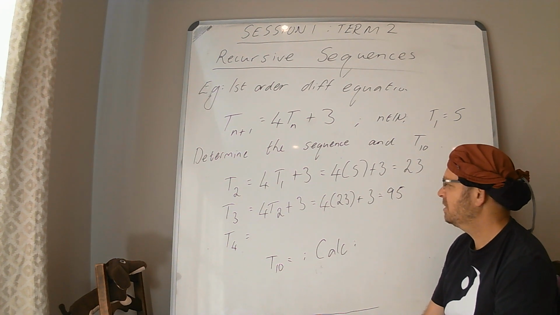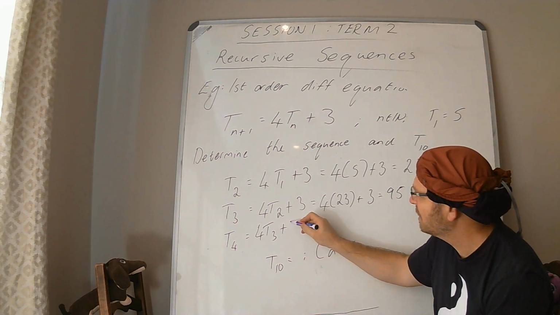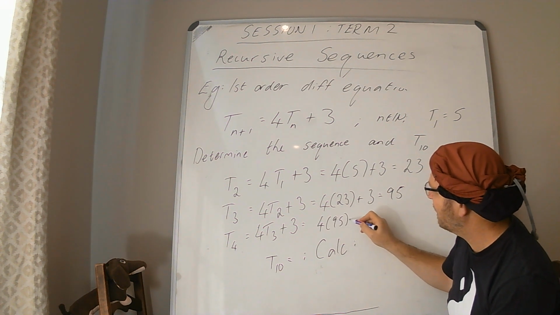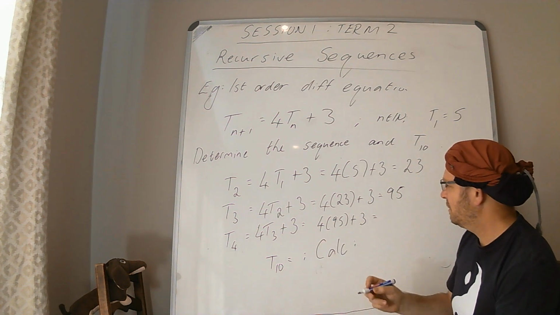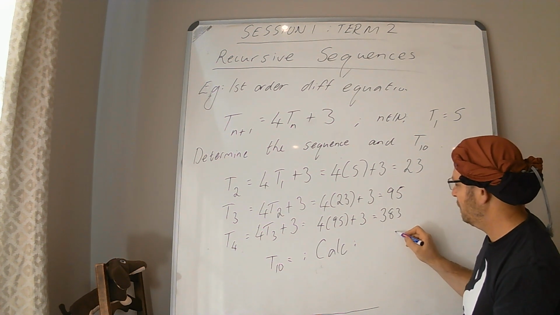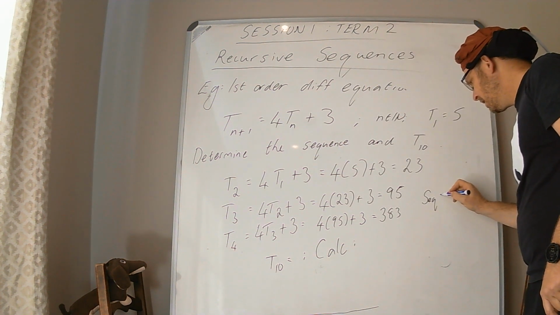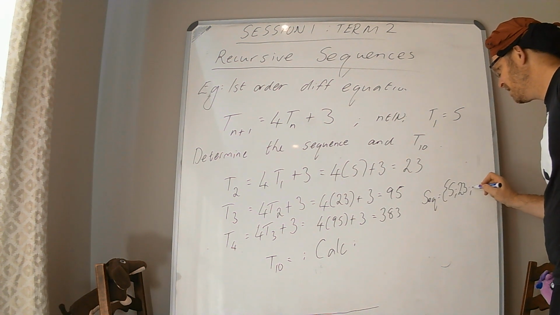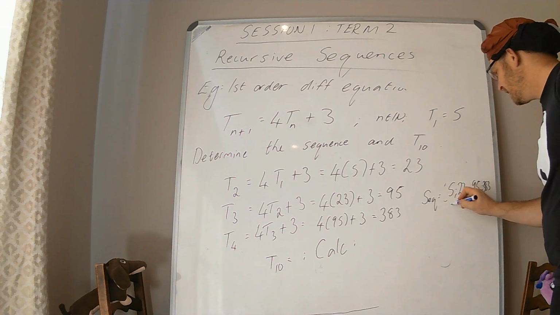Then term 4 would be 4 times term 3 plus 3, which is 4 times 95 plus 3. 90 times 4 is 360, plus 20 is 380, plus 3 is 383. So the sequence, if you wanted to write it down, would be: the first term was 5, the next term is 23, 95, 383, and then you go dot dot dot.